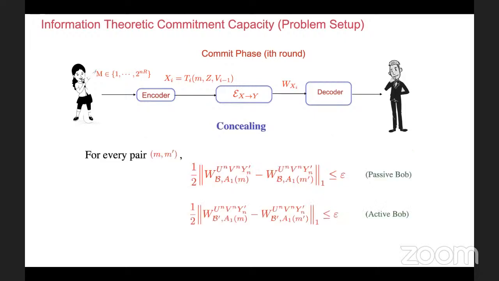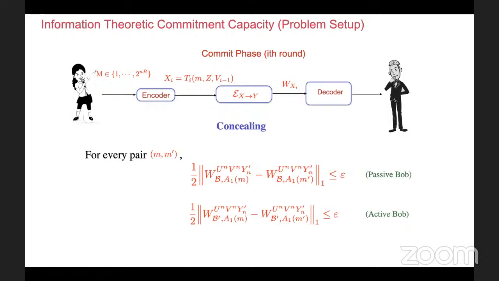One of the properties which we want in our commit phase is that for any pair of messages in the message set, the induced joint states should be epsilon close.